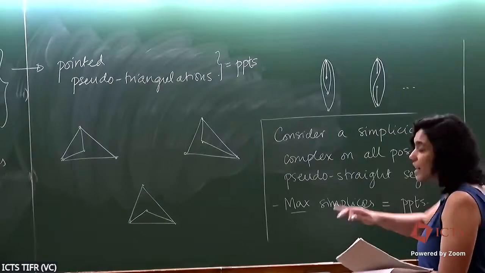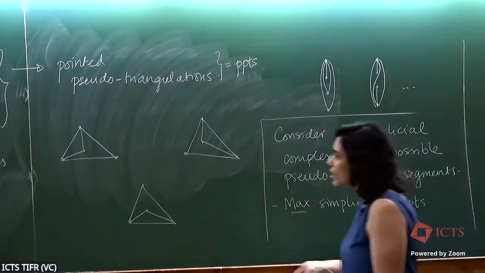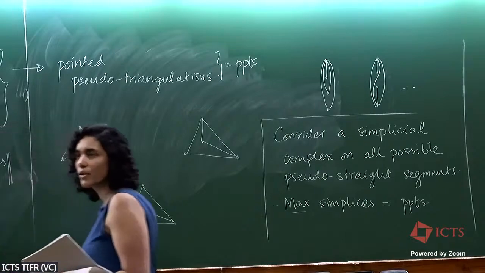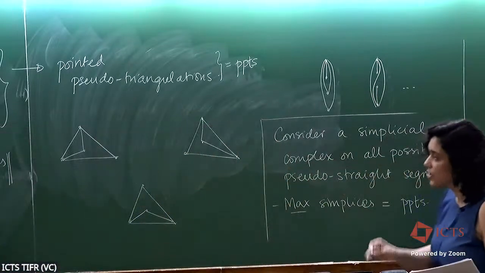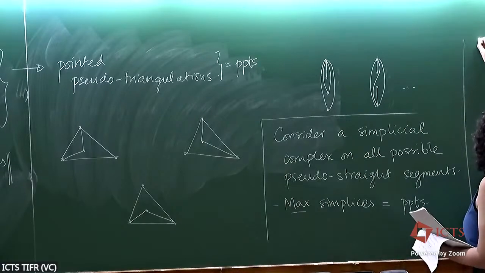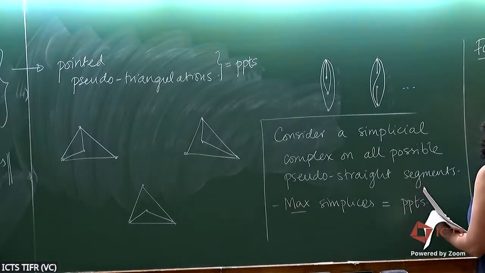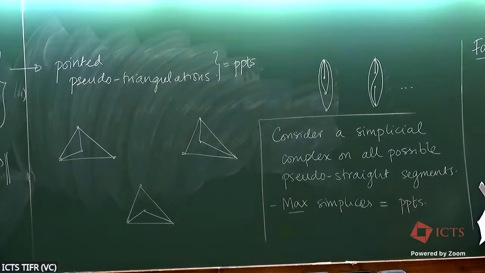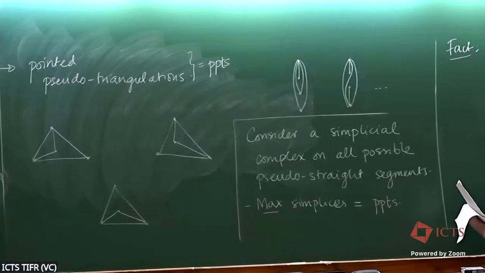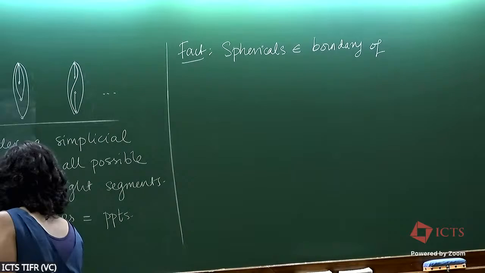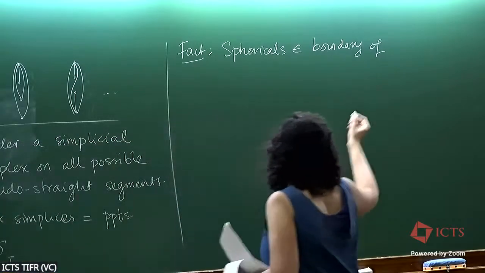In fact, they live on the boundary of the simplicial complex because they also have this third condition: there's at least one external edge that's missing. So the observation is that the spherical objects live on the boundary of, let's call this simplicial complex sigma tau. They live on the boundary of sigma.